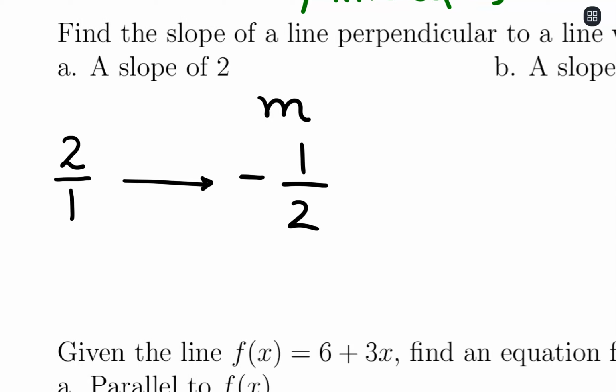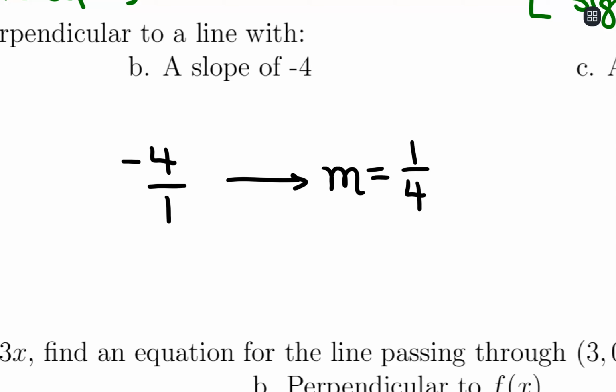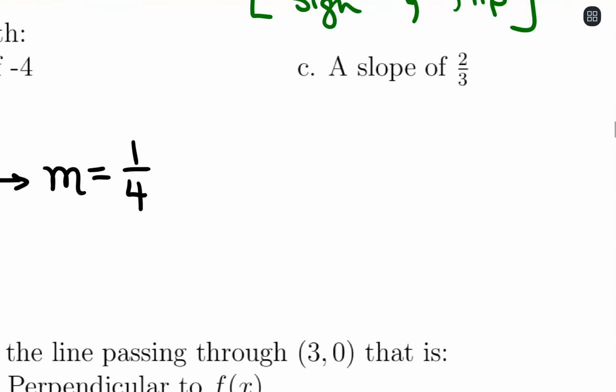Here we have a slope of -4, which I'll think of as -4/1. Because it's -4, we change it to positive, and then switch the numerator and denominator, so it'll be +1/4. We change the sign and flip it.